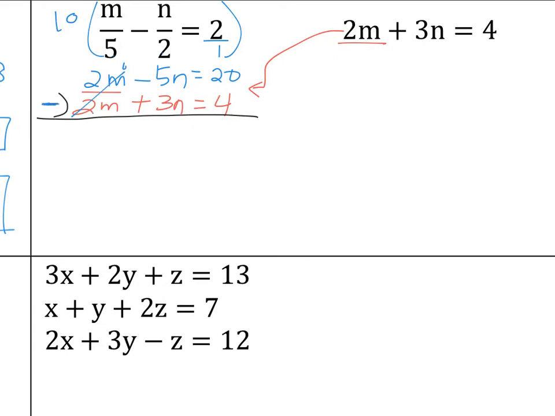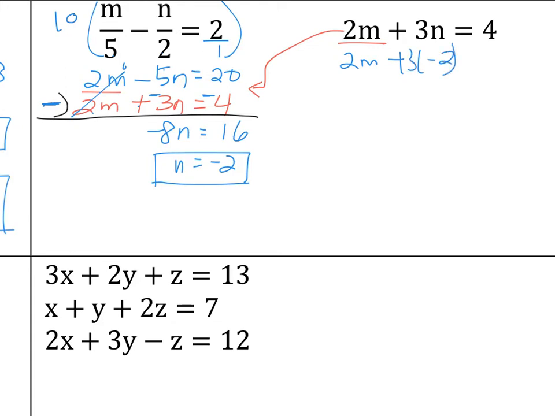Negative, positive, negative. So negative 5 minus 3 is negative 8n. Negative, positive, negative. So 20 minus 4 is 16, and n gives you negative 2. I'm going to box this, and I'm going to plug in negative 2 for n into the other equation.